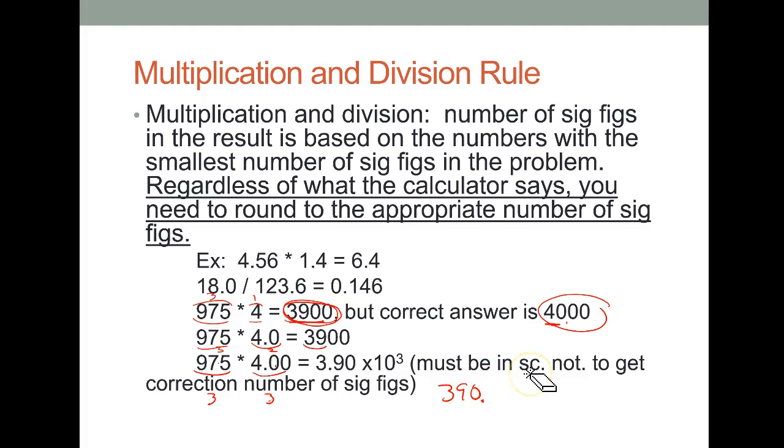So if I do that, it has 3 sig figs, but 390 and 3,900 are different by a factor of 10. So you cannot do this as a standard number. It has to be in scientific notation to get the correct number of sig figs. It doesn't happen very often, but when it does, you have to watch out for that.